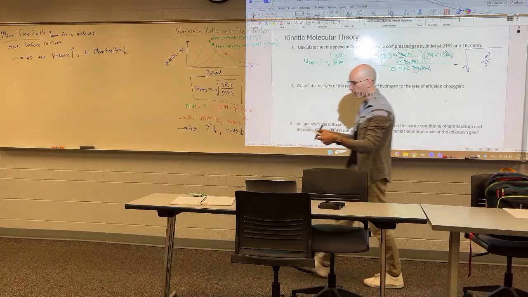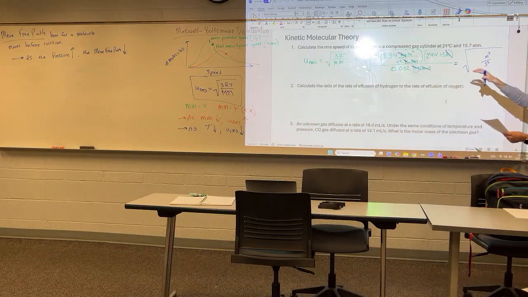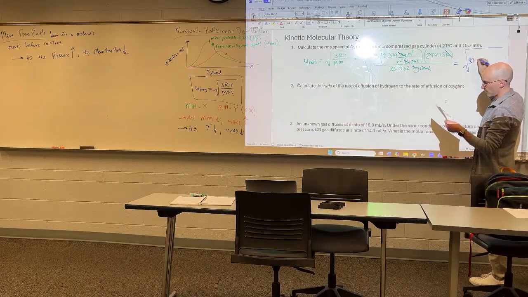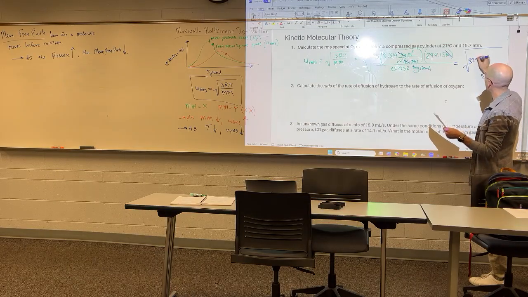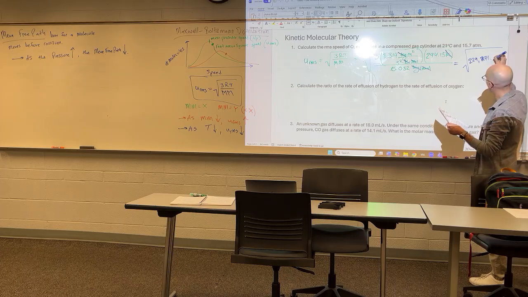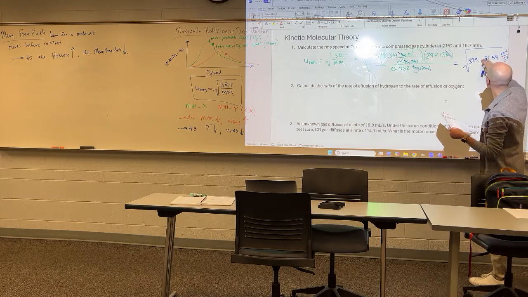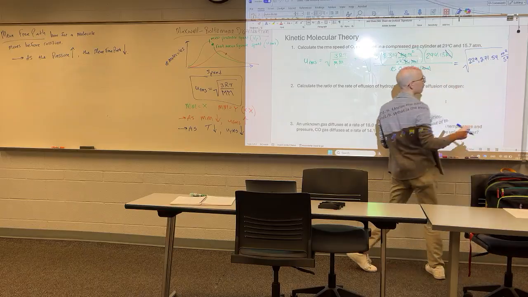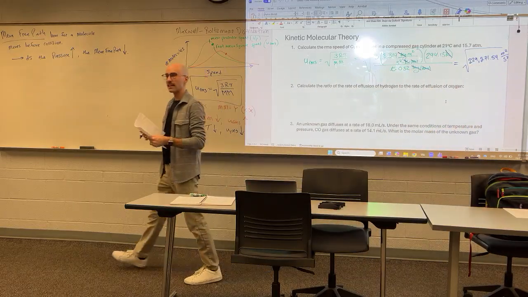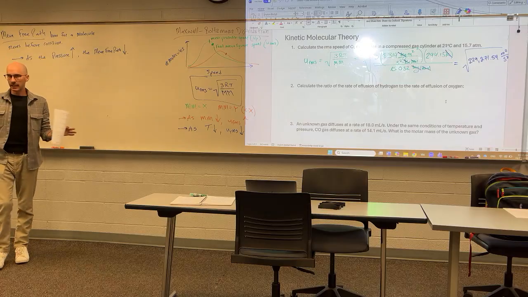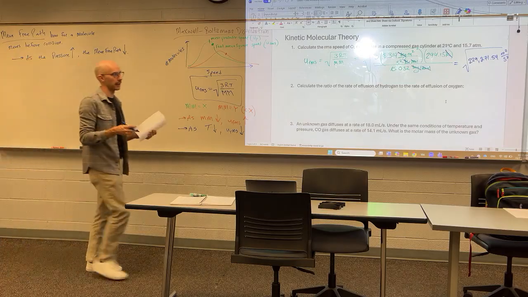The way that I solved this was I did the calculation inside the square root first, and I got 229,271.54 meters squared per second squared. I did that all first so that I made sure I didn't get anything confusing with my calculator.